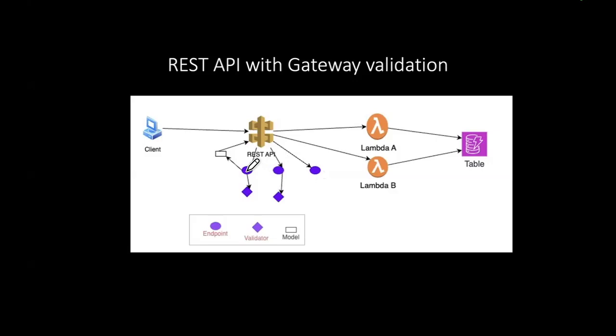This endpoint also has a validator and it has a reference to a model. So this validator is either just a model validator or a body validator, or it could be a body validator and a path or query string validator. You can't really tell from the way I'm using these symbols.